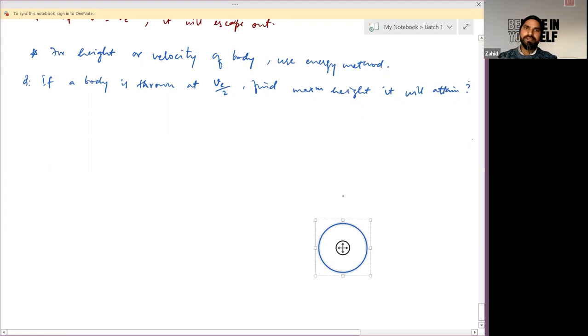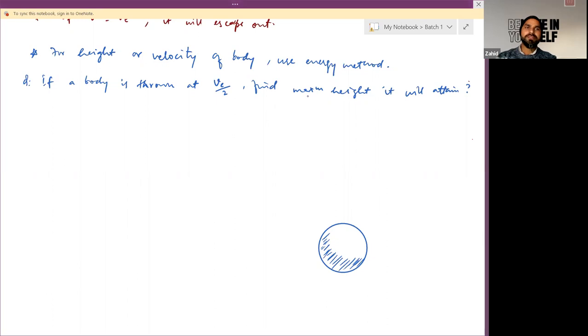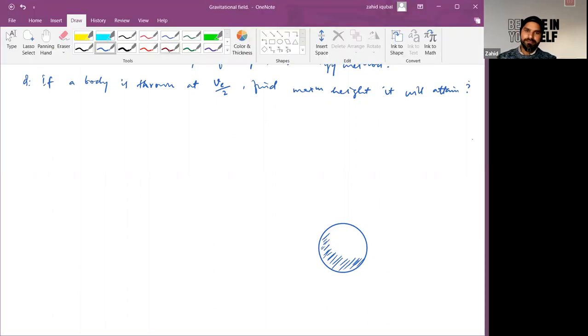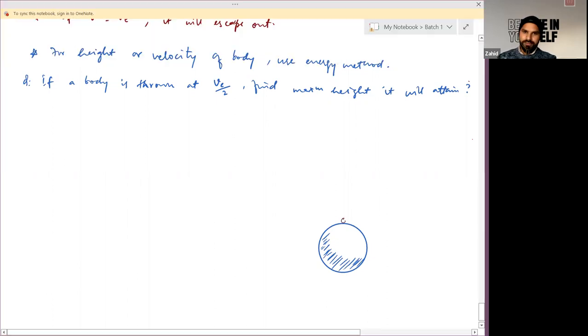Let's say this is the surface of Earth, from which a body is thrown upward. So initially it will be at this point A, on the surface of Earth.